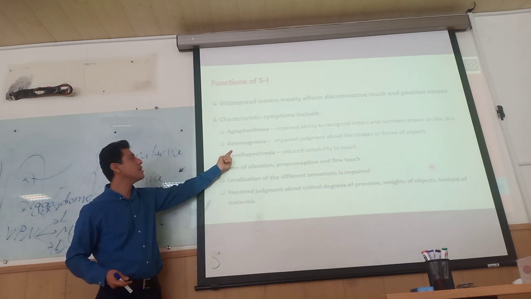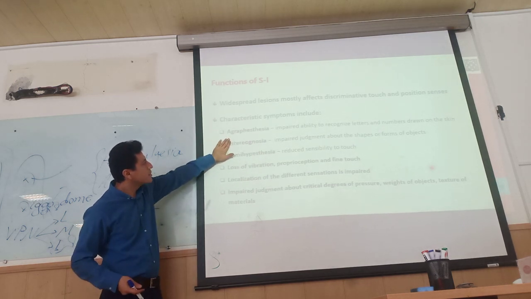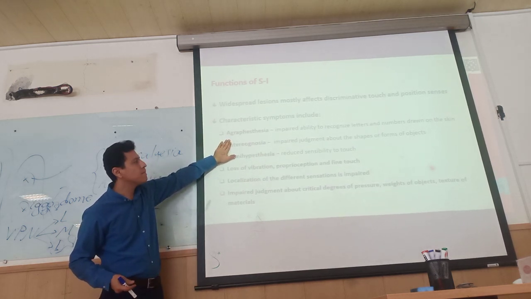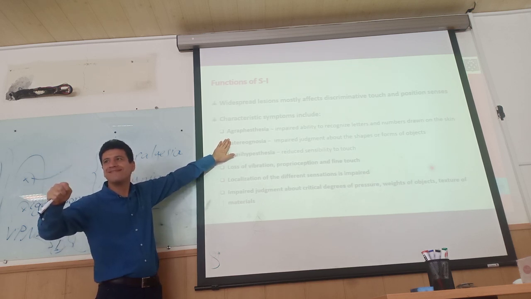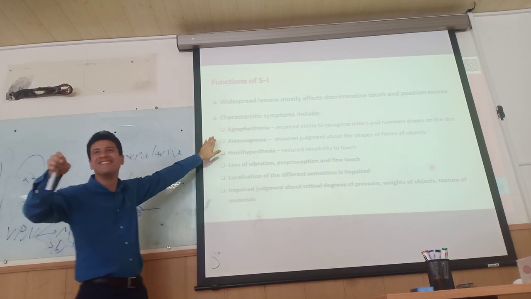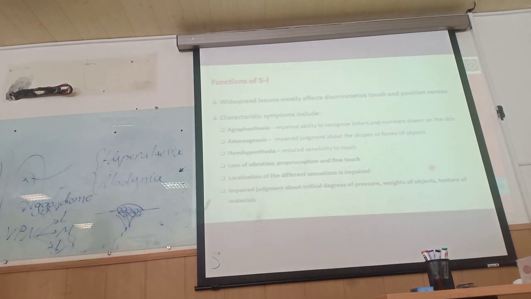Another symptom is astereognosis. Stereognosis means understanding the form of an object by touch. Okay. So, for example, if you close your eyes and somebody puts something in your hand, by touch you can say the name of the object.